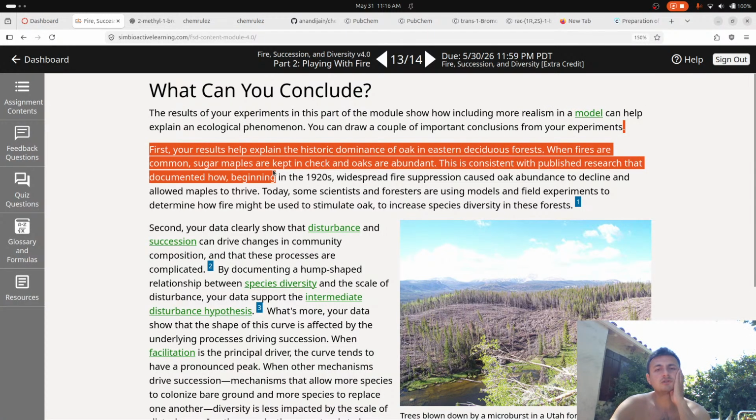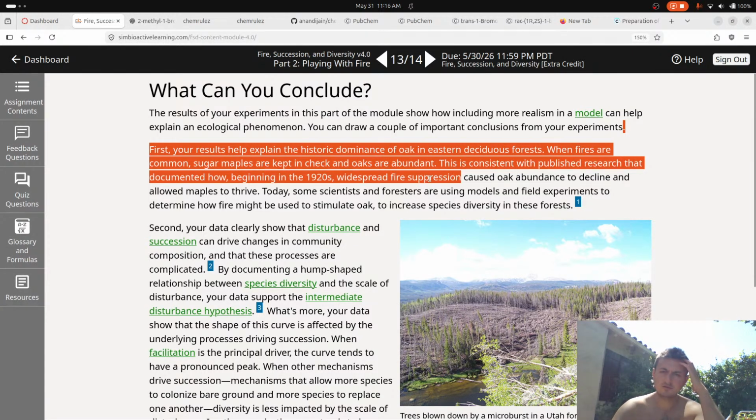The results can help explain the historic dominance of oak in eastern deciduous forests. When fires are common, sugar maples are kept in check and oaks are abundant.